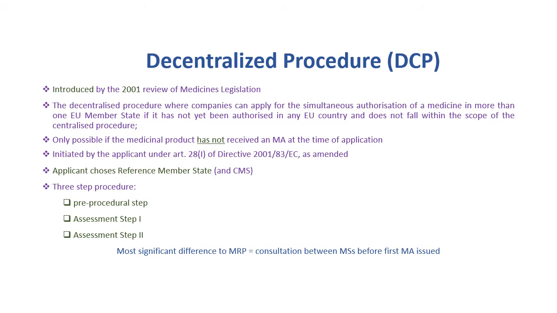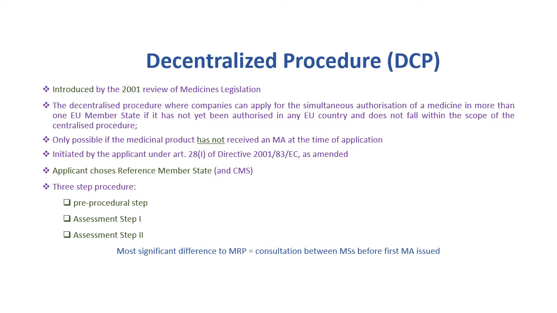It's only possible if the medicinal product has not received a marketing authorization at the time of application. So if it's afterward, that's fine. And it should be initiated by the applicant under Article 28 of Directive 2001/83/EC. And in this case, the applicant chooses the reference member state and the concerned member states.